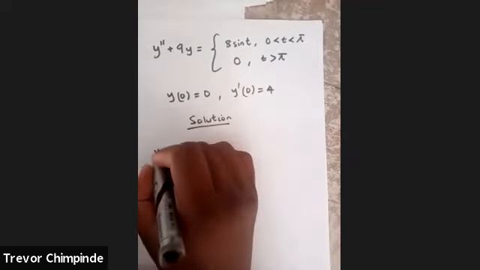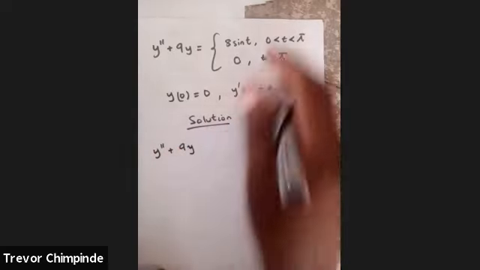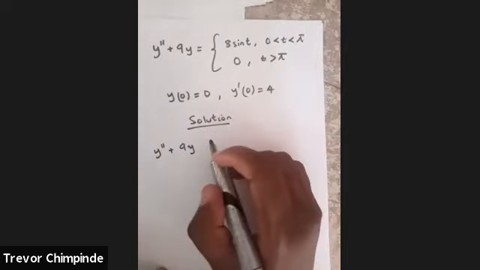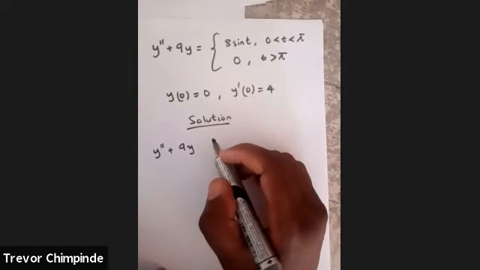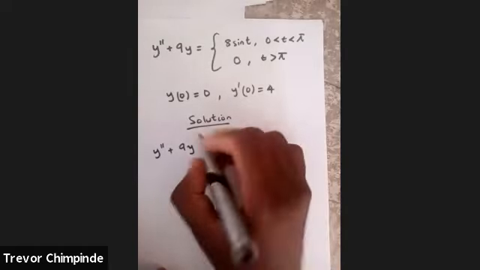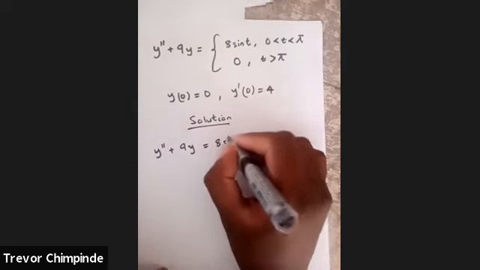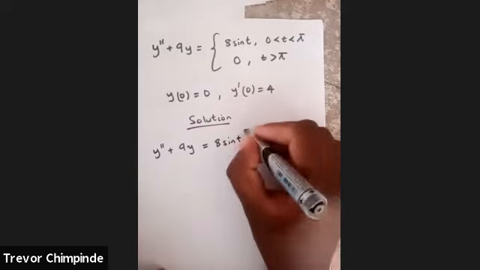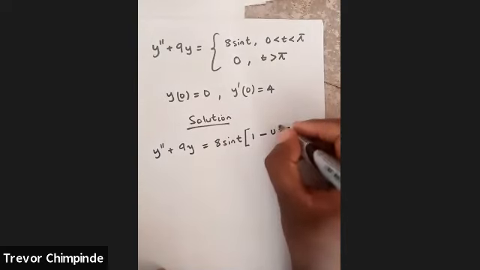I would write y double prime plus 9y. We can write this function in terms of step functions. So it's going to be 8 sine t, and then you're going to have 1 minus the unit step u(t minus pi).